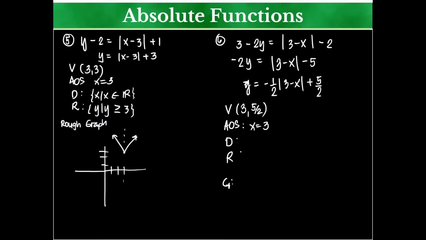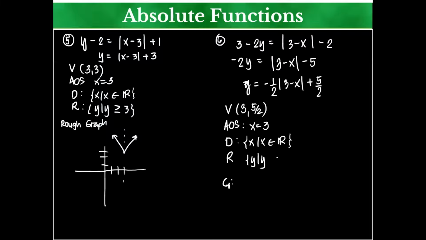All right. What letter is in the absolute value? X or Y? So if it's X, should it be domain or range? Domain. Therefore, the domain, X is any real number. What about my range? Look at the symbol. It's negative.